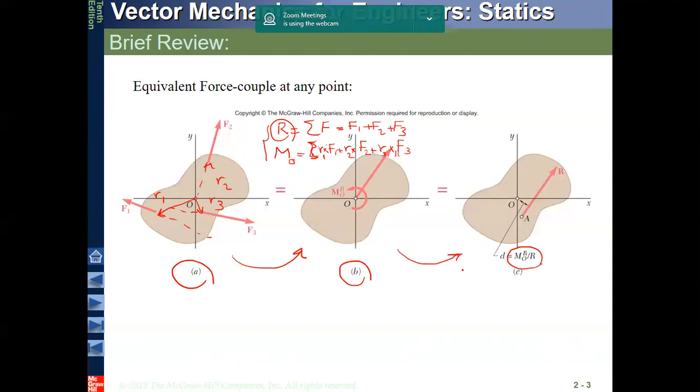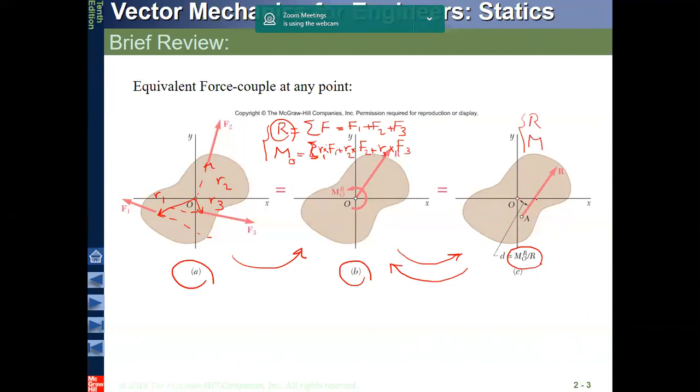So I can go the other way. If I have this system as my initial system and want to move force R to point O, I should just calculate the resultant and the moment.